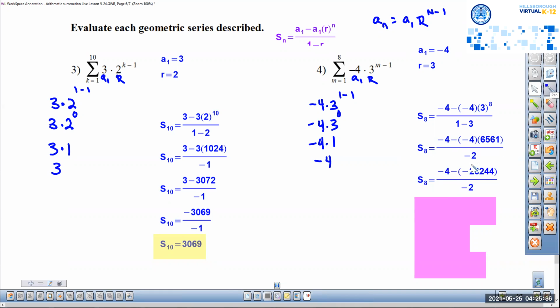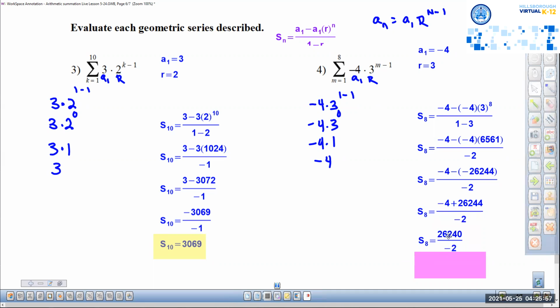Okay, now I multiplied -4 times 6,561. That gave me -26,244. And a negative times a negative is positive. So -4 plus 26,244 is 26,240.